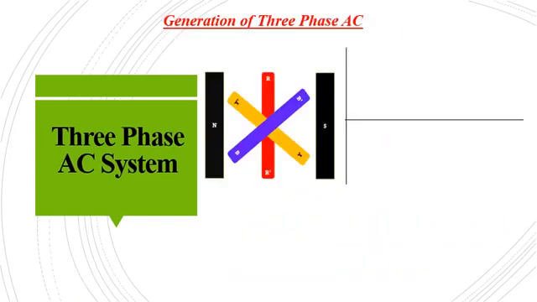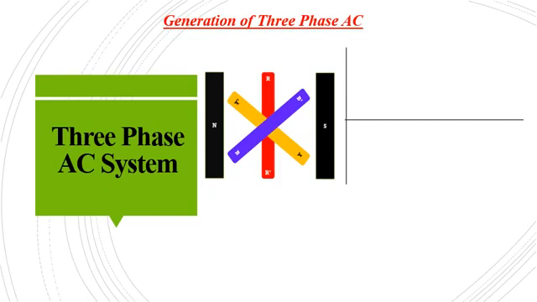Next we can see the generation of a three-phase AC supply. So first of all, what is a phase? A phase can mean a coil, a branch, or a circuit. So three-phase means that we need 3 sets of coil.